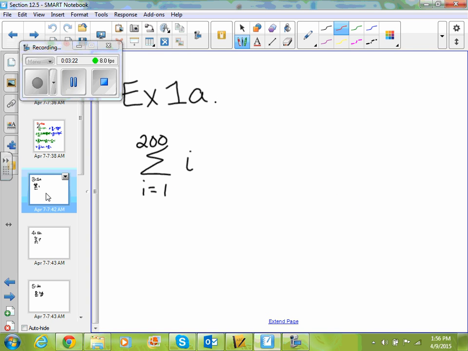Okay, so if I look at example 1, I'm given the sum from 1 to 200 of I. And I know that my sum formula for I is n times n plus 1 divided by 2. And I know that my n value is 200, because that's the number you end your sum at.